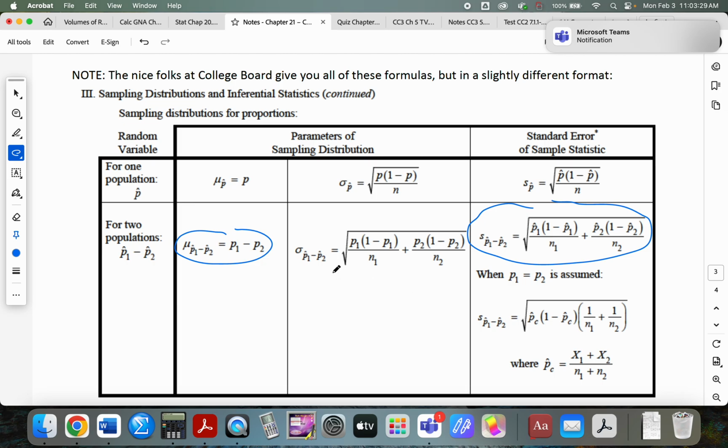And this is the actual standard deviation, which we typically can't do. We have to do the standard error. We'll talk about this part about when P1 equals P2 is assumed tomorrow. We'll finish that. I think I'm supposed to do 2 days on this. Now I'm questioning myself.